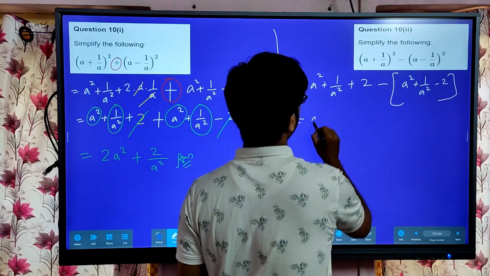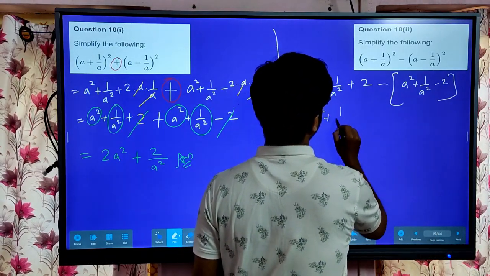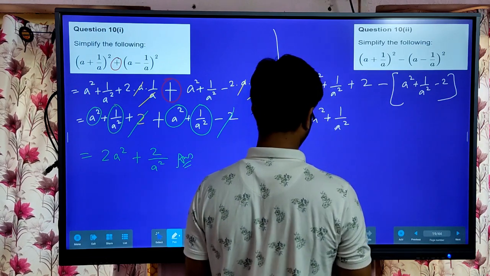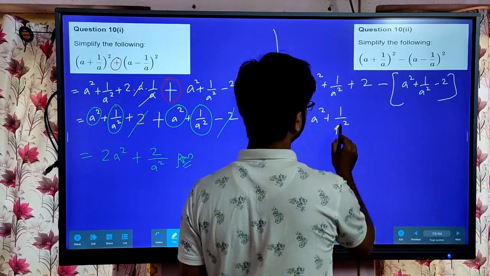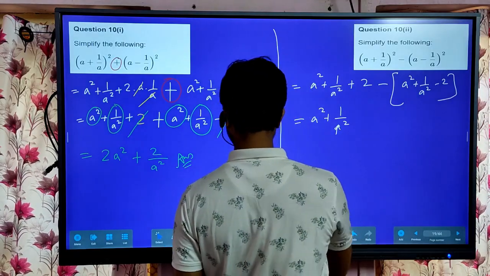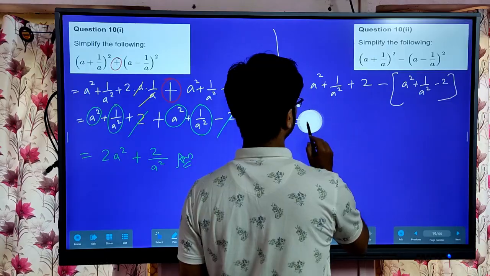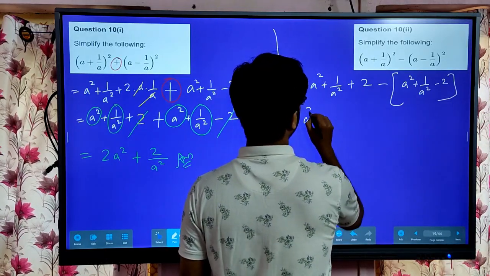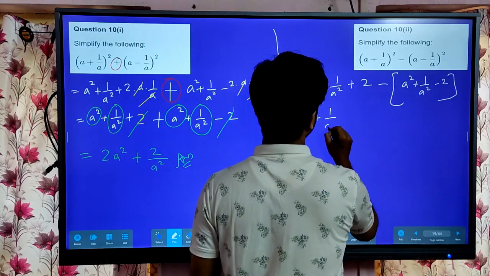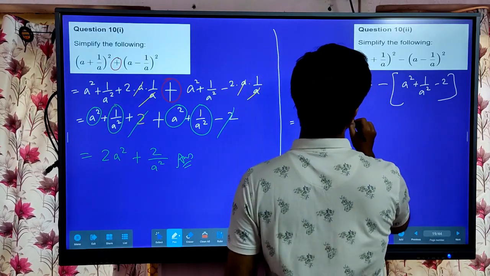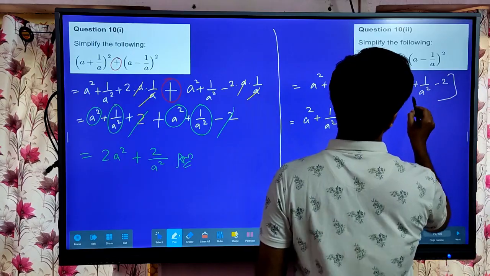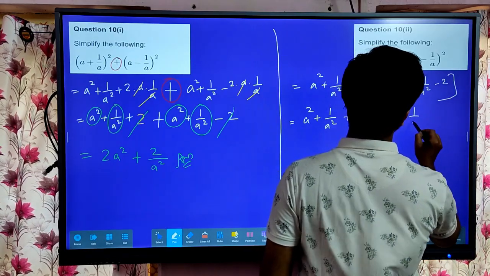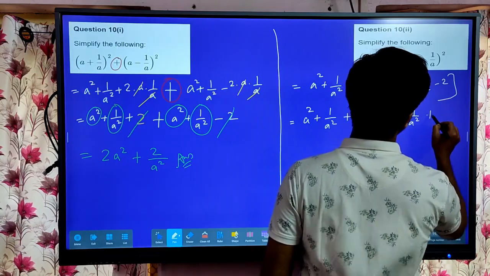So this will be a square plus 1 by a square plus 2. This is minus a square minus 1 by a square, and this will be plus 2.